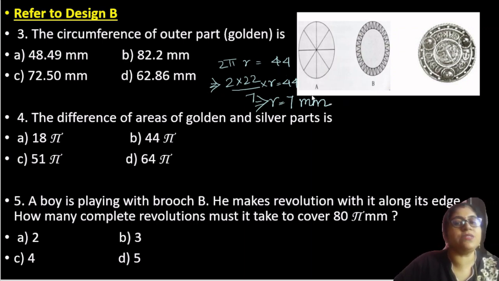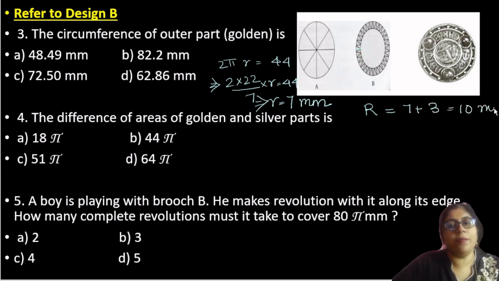So what happens for capital R? That is the outer radius. This width is 3 mm. So 7 plus 3 equals 10 millimeter. Now let's move to our question. The circumference of outer part is, so now we know the radius of outer part. So circumference is 2 into 22 by 7, or you can take 3.14 into 10.